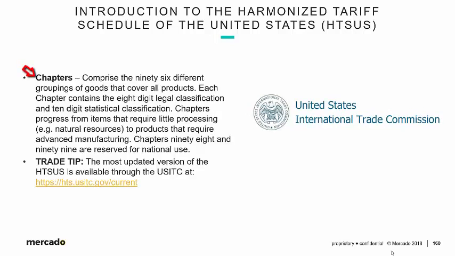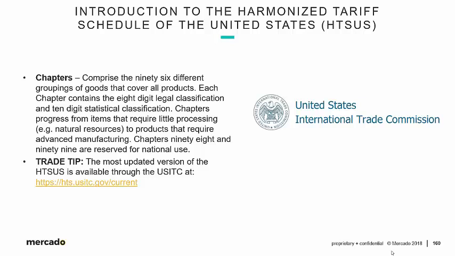Chapters. This is where we start to go from the general sections, for example, to the specific classification of goods. Chapters comprise the 96 different groupings of goods that cover all products. Each chapter contains the 8-digit legal classification and the 10-digit statistical classification.